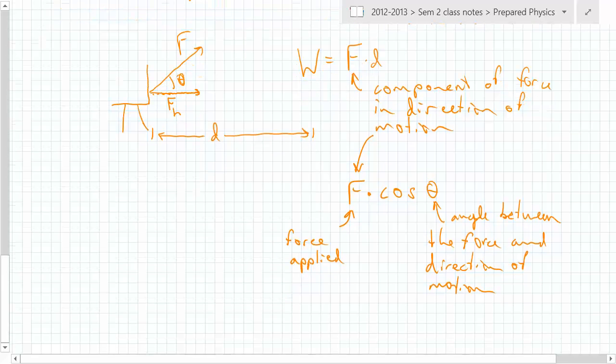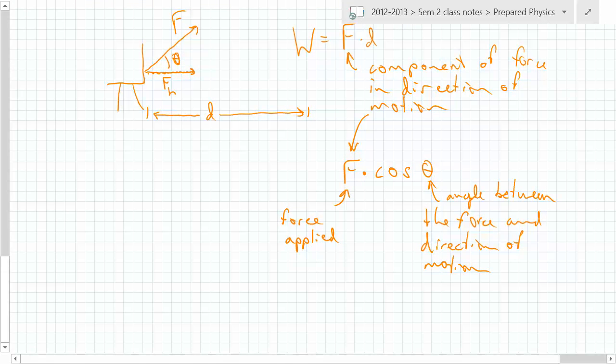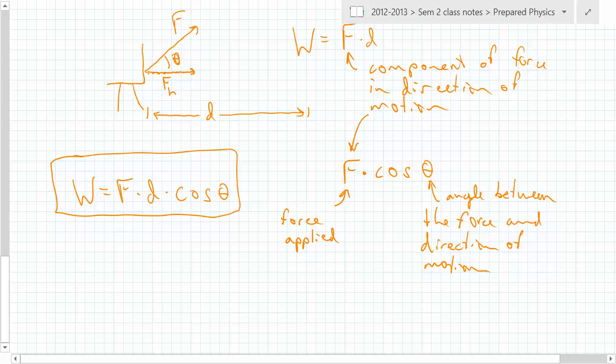And if we calculate that as the force, then we get a new formula. Work equals force times distance times cosine of theta is the way it's usually written. The cosine of theta comes at the end. And that's actually the accepted common formula for work.